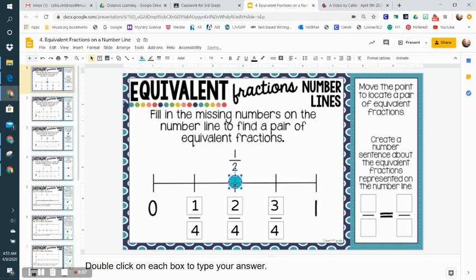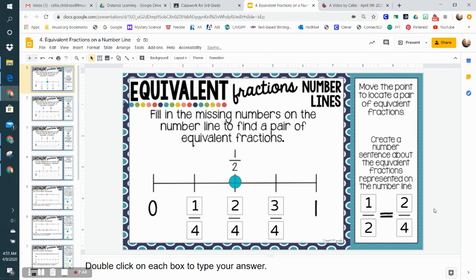1/2 and 2/4. And then I'm going to create a number sentence about the equivalent fractions represented on the number line. So here I'm going to write my 1/2, and I got that from this fraction right here. 1/2 equals, and then I'm going to look down here and is equivalent to 2/4.